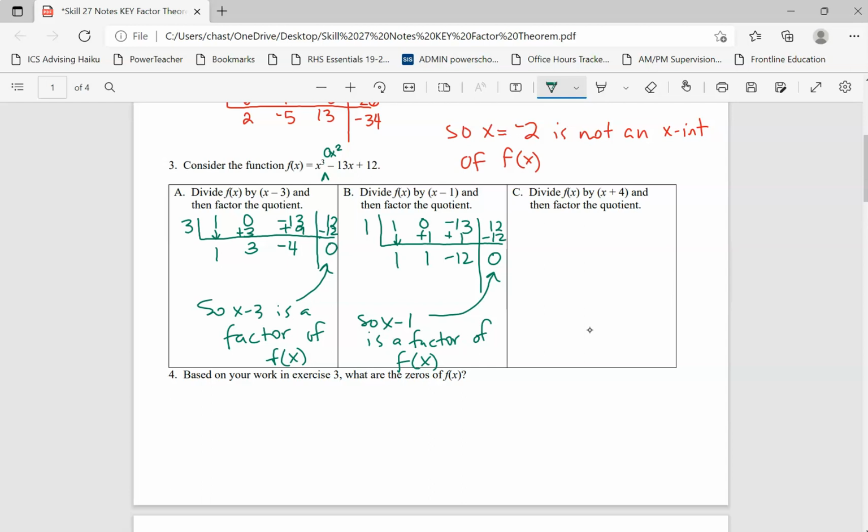Alright, now let's do x plus 4. So we're going to put a negative 4 on the outside, and we're going to use those same coefficients from the polynomial inside. And we can see we have a remainder of 0. So that means x plus 4 is a factor of f of x.